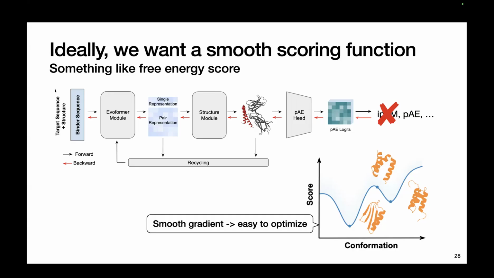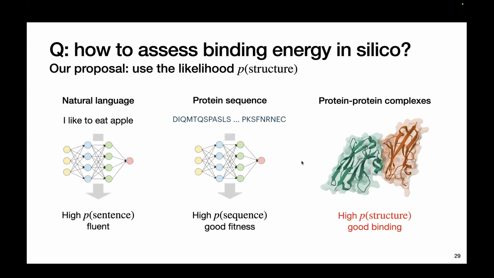So the focus of this part is to curate a better, smoother in silico objective for binder design, right? Our motivation is also inspired by recent methods on language models.